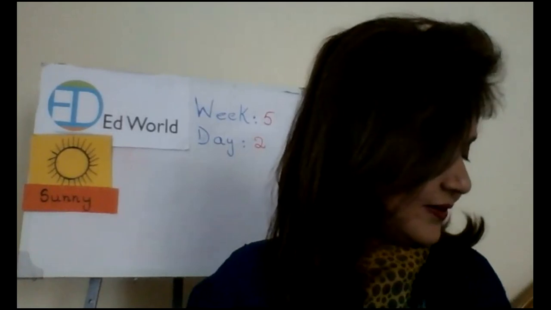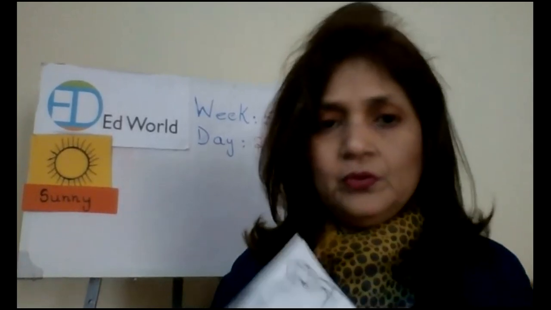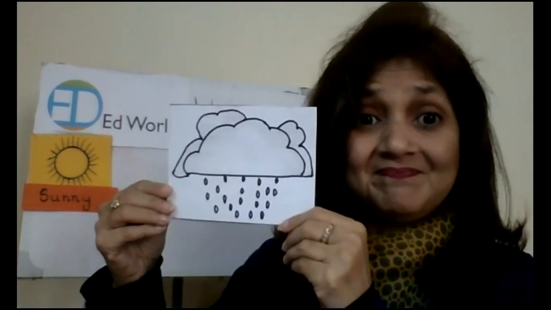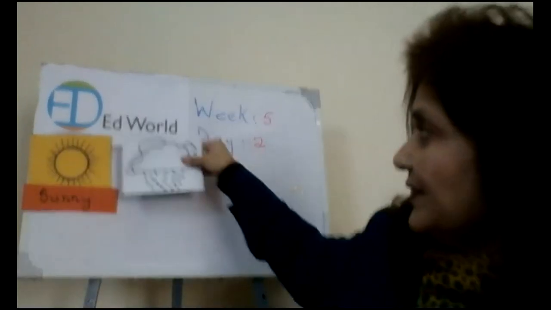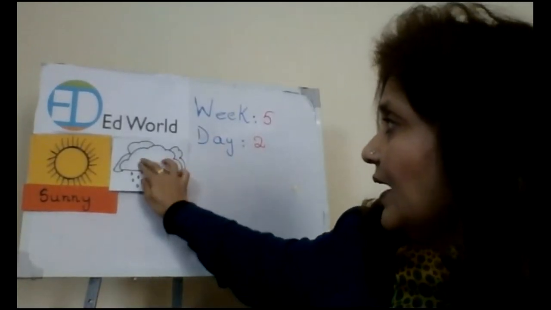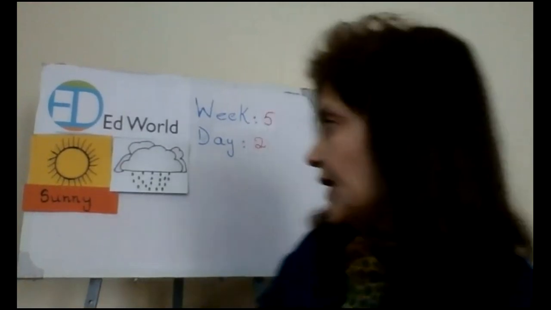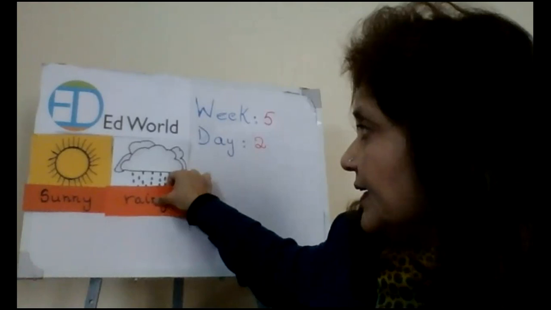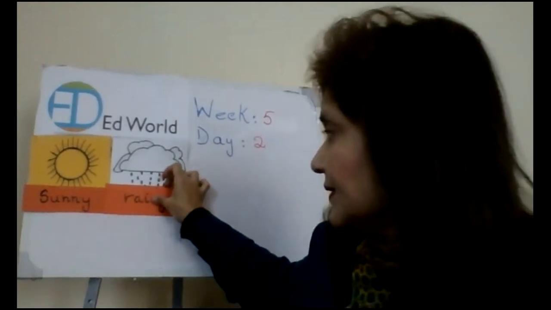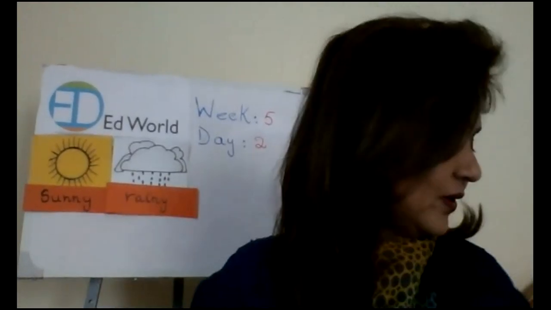All right. Great job. Now, which symbol is this? It's rainy. Wow, cool. My class knows everything. That's so nice. You understood. You have grasped the idea of what the teacher is telling you. It is rainy weather. All right.